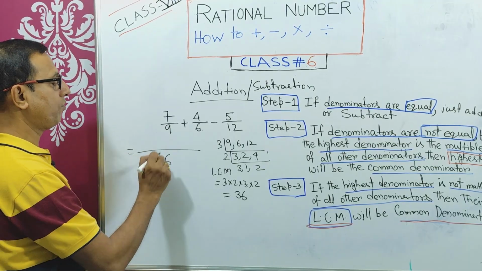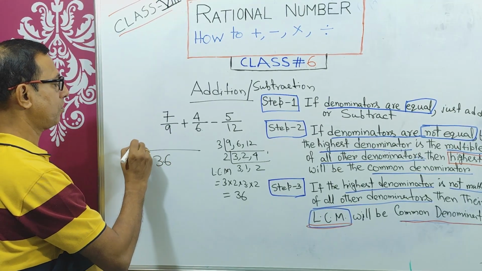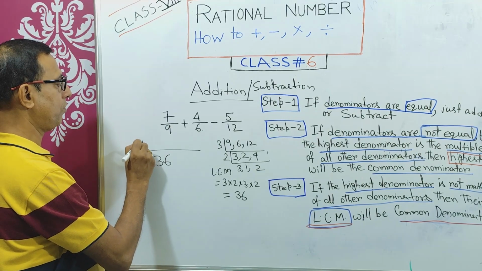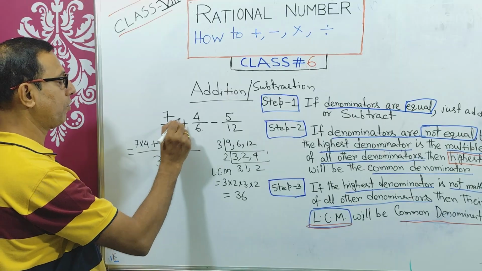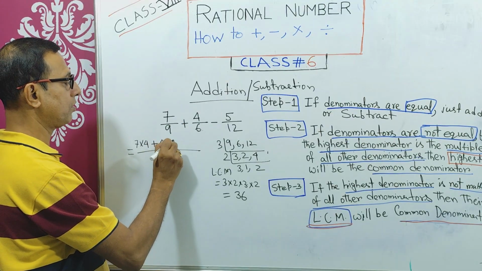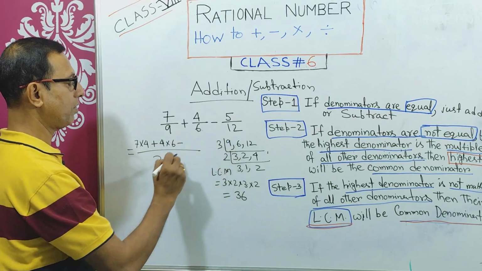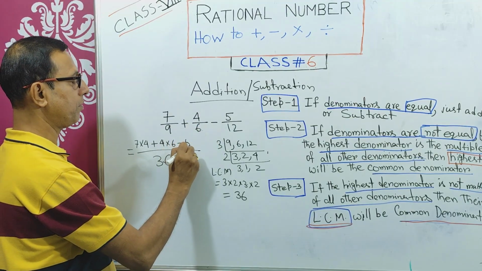9 4s are 36, 4 7s are 28, so 7 into 4, plus 6 6s are 36, 4 into 6, minus 12 3s are 36, 5 into 3 is 15.